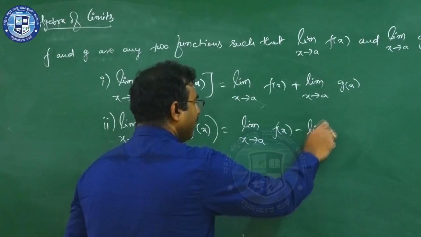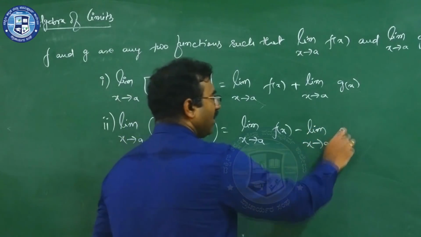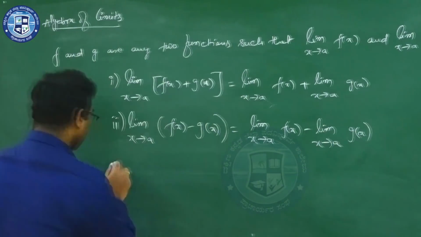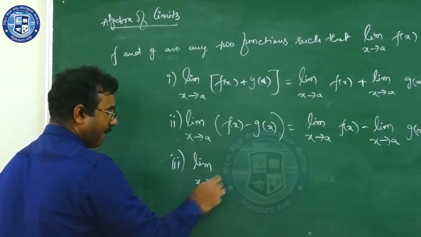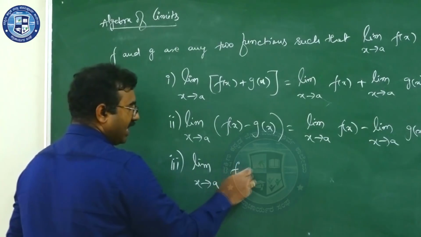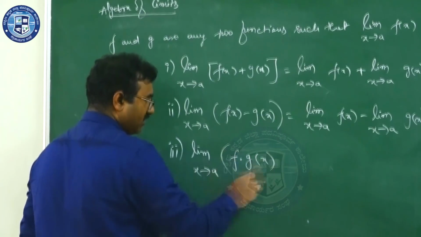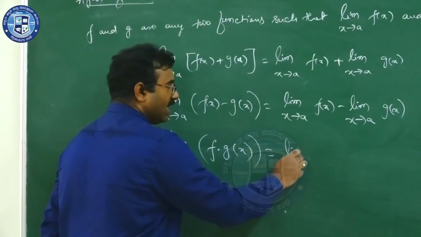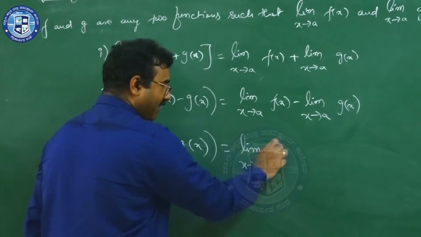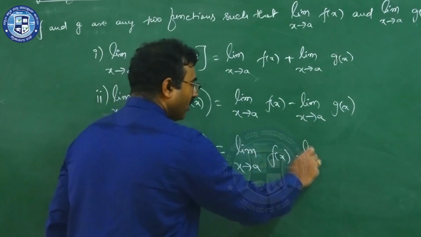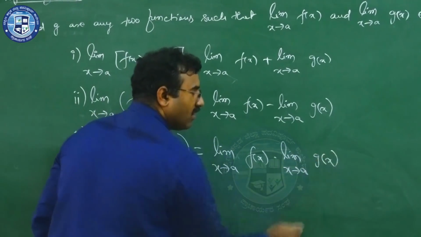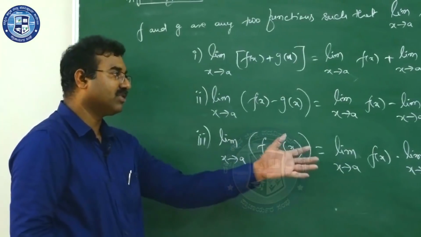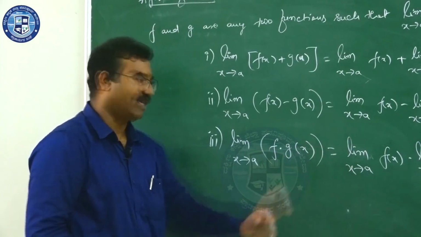The second point: limit x tends to a of f(x) minus g(x) is equal to limit x tends to a of f(x) minus limit x tends to a of g(x), the difference of the limits of individual functions. And the third point: limit x tends to a of f(x) into g(x) is equal to limit x tends to a of f(x) into limit x tends to a of g(x). The limit of a product of functions will be the product of the limits of the functions.